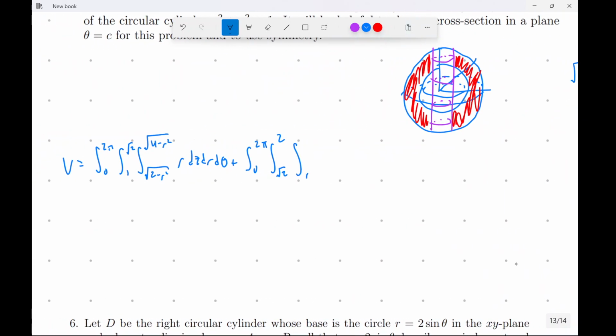Yes, okay, the innermost integral lower bound is 0.